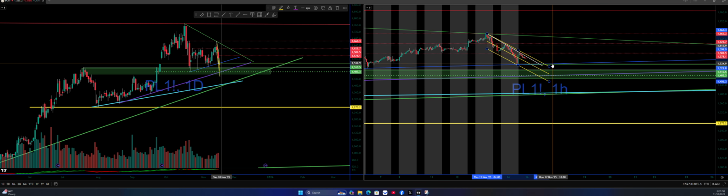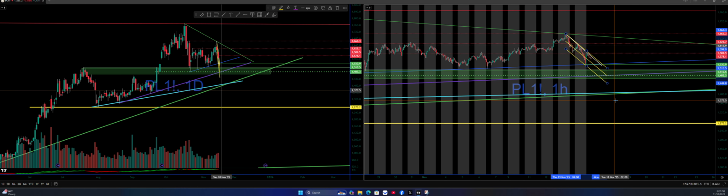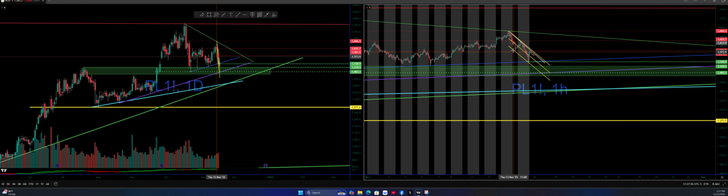So one touch here, two touches, right? And if it comes up again, that would be 3. We are on a descent, right? So this channel, this yellow bearish channel that we're creating right now, these usually break to the upside.